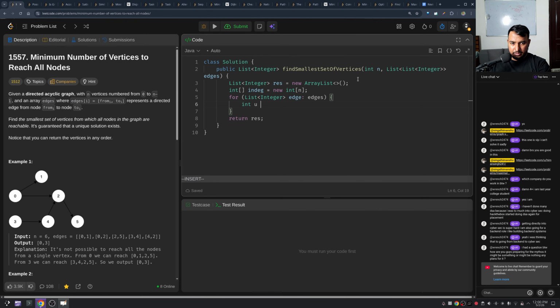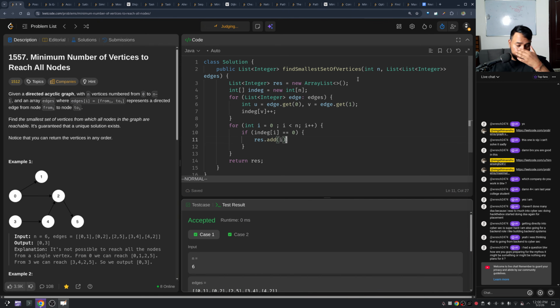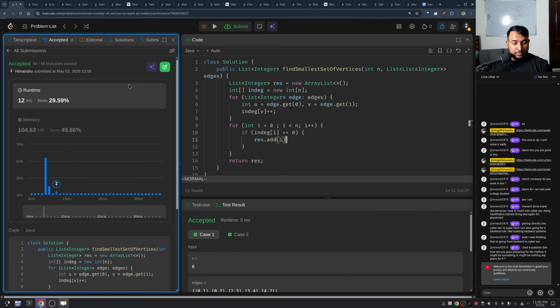So int u is edge.get(0), v is edge.get(1), and we say in degree of v plus plus, and then you traverse through all the edges. If the in degree of the node is 0, then you say result.add(i). Yeah, so we are able to solve this problem.